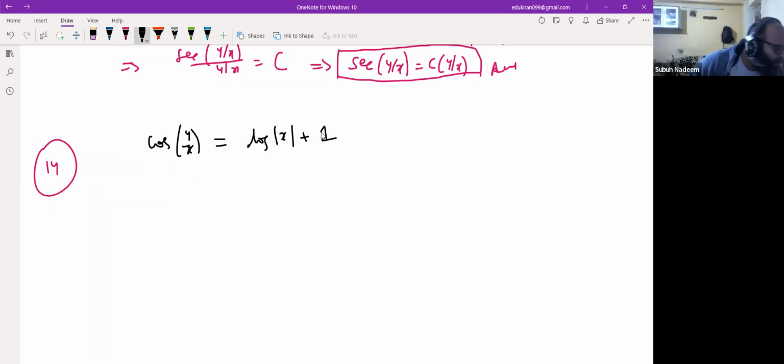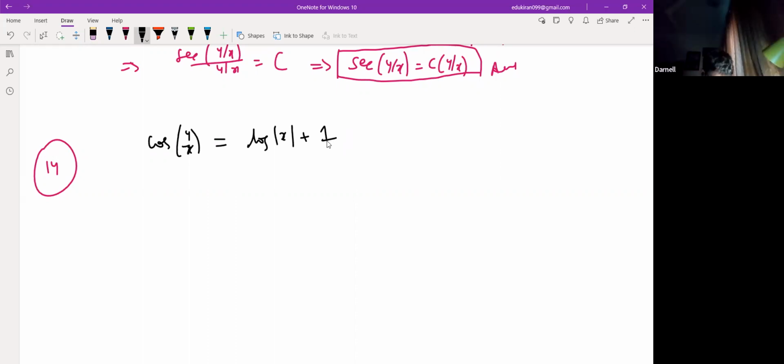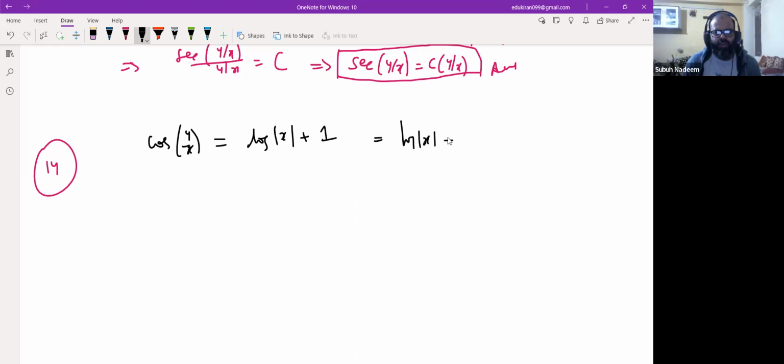Log e is 1 basically. So can you check the answer from the back? If it is not required, we will not discuss. So it's log of mod of ex on the right hand side. That is okay because log of mod x and 1 is log of e. So you can apply the property and you can write it as log ex. That is fine.